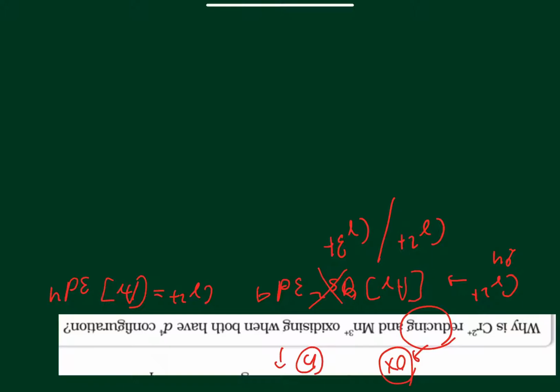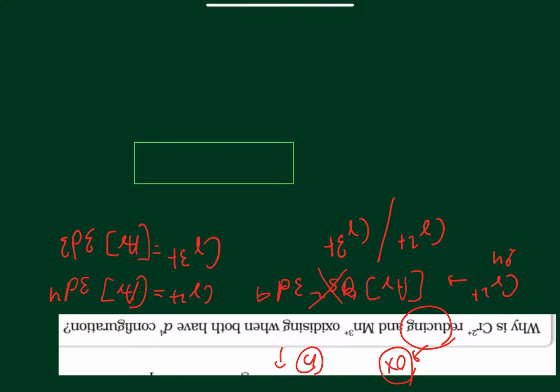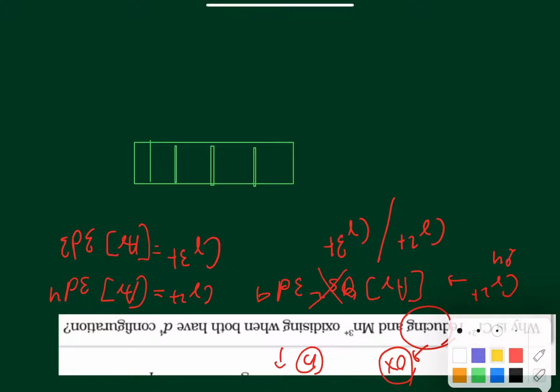Now let's see what chromium 3 positive looks like. It will be argon, and you remove one more electron from the 3d4, so it becomes 3d3. For this you need a bit of knowledge about your complex compounds. When you have a 3d3, the configuration will be like this: 1, 2, 3.